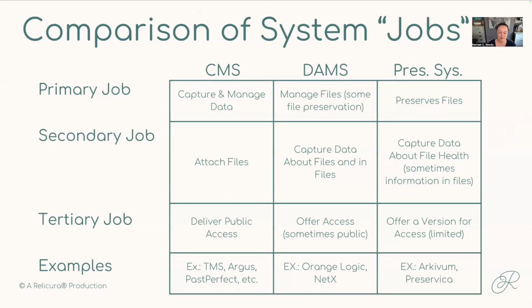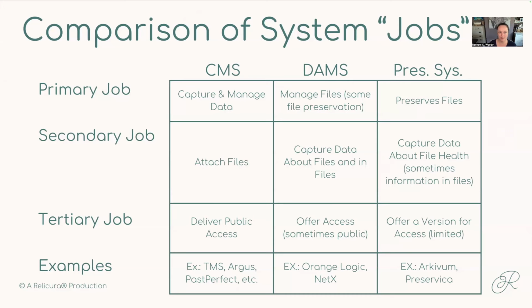For DAMS, the primary job is file management, which comes with some of that digital preservation management, like the concept of different file versions, but not necessarily always about the file integrity. Its secondary job is to capture data about the files and in the files.